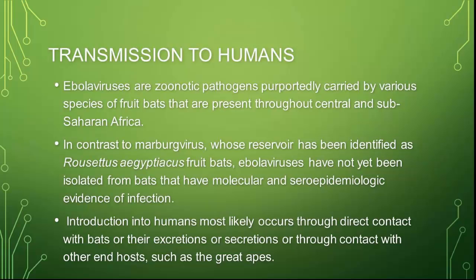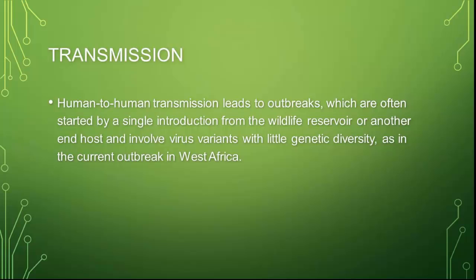Introduction into humans most likely occurs through direct contact with bats, or their excretions or secretions, or through contact with other end hosts, such as the great apes. So, playing with monkeys.